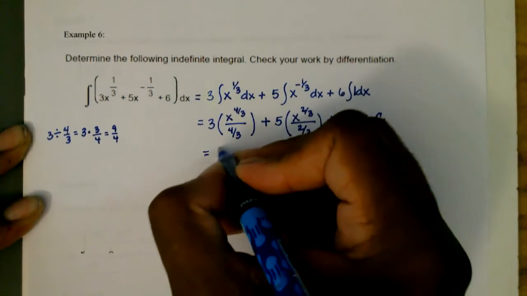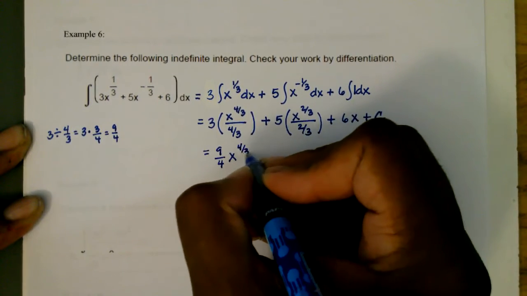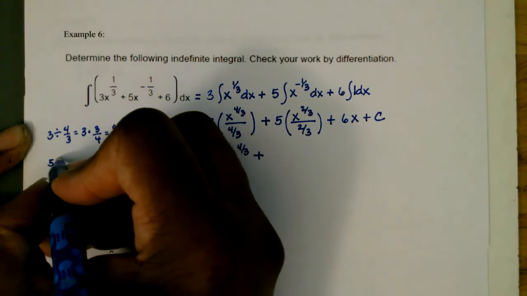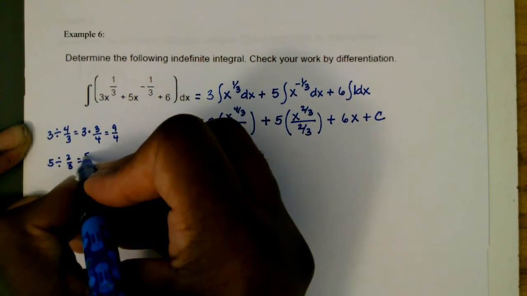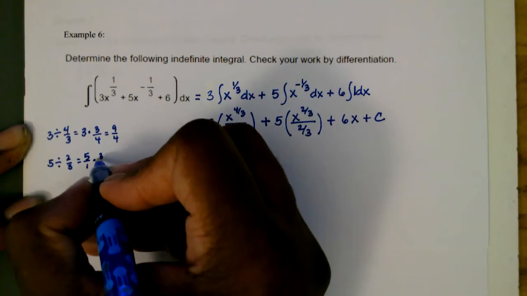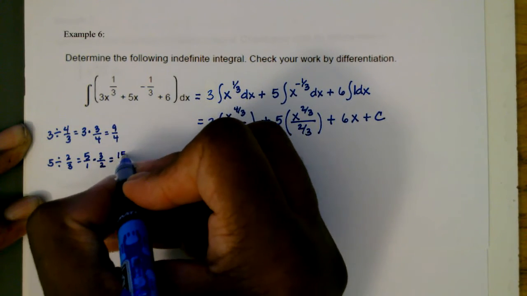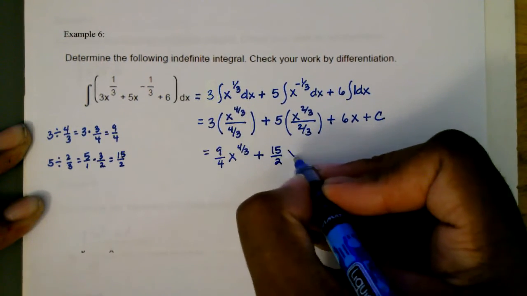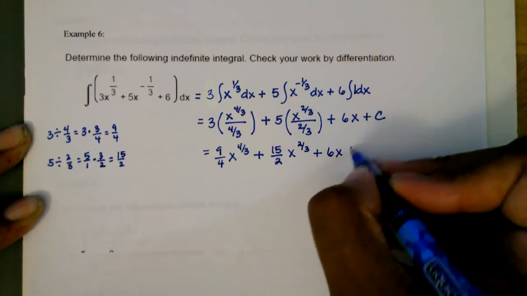So I'm going to have 9/4 times x to the 4/3 plus, and then 5 divided by 2/3. That's like 5/1 times 3/2, the reciprocal of that, which is going to be 15/2 times x to the 2/3 plus 6x plus c.